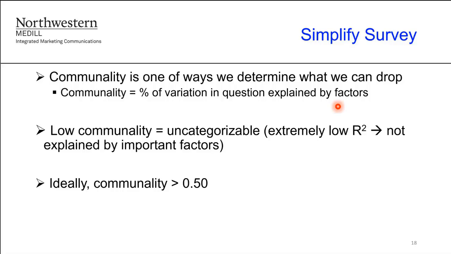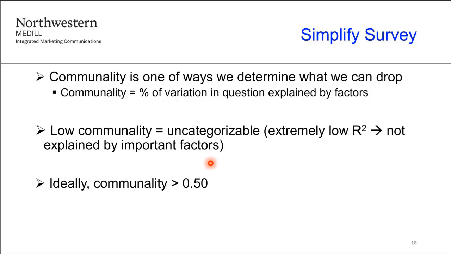And low communality means the items or the questions are not categorizable. So low communality means uncategorizable, and this is a similar logic to an extremely low R-squared. That means this variable or this question is not explained by important factors.